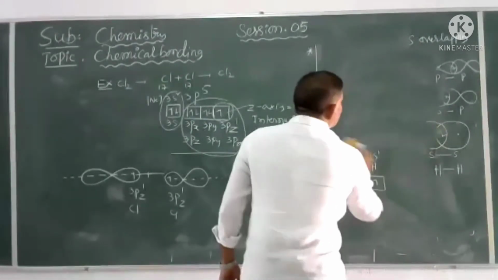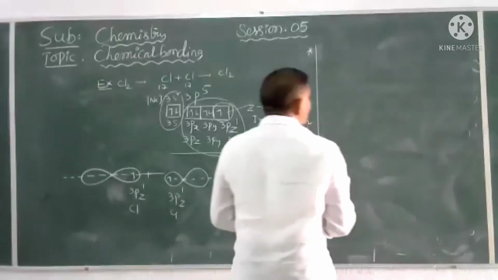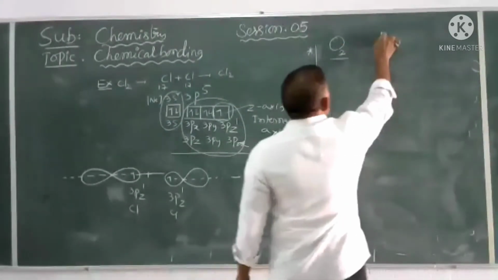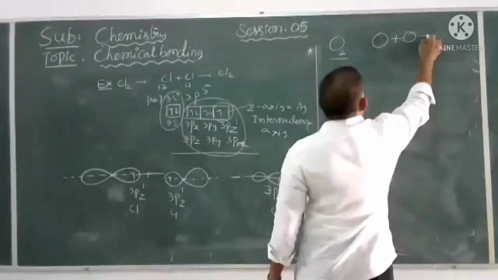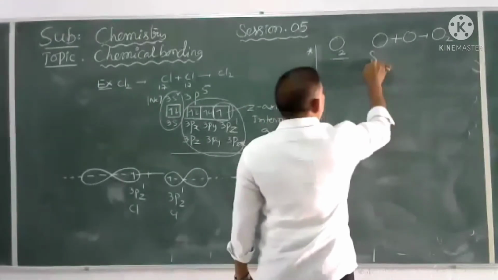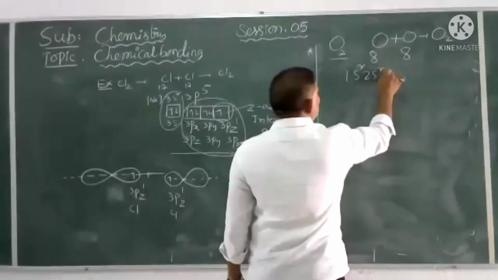I'll give you the best example, that is the oxygen molecule, O2. O plus O gives the O2 molecule. Oxygen has atomic number 8, electronic configuration 1s2, 2s2, 2p4.